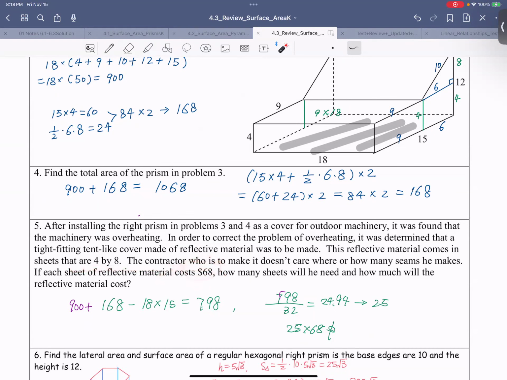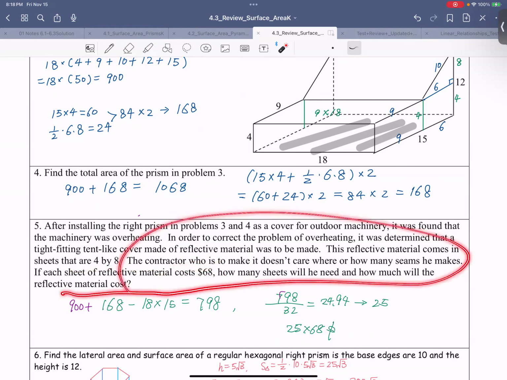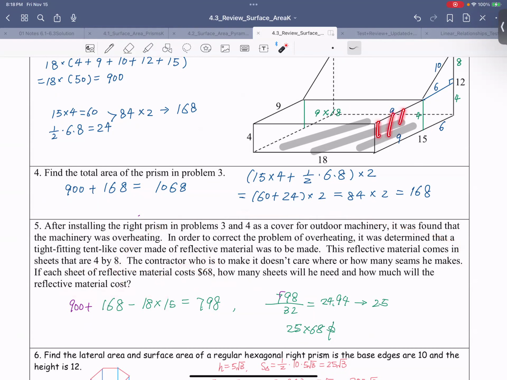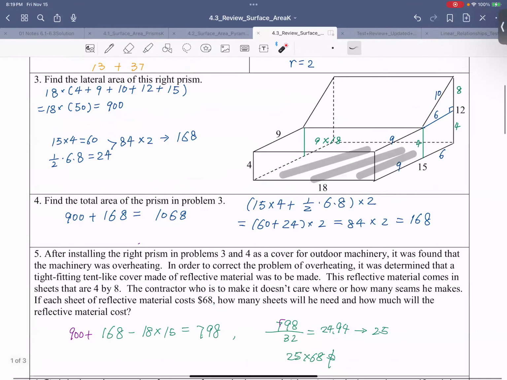If each sheet of reflective material costs $68, how many sheets will he need and how much will the material cost? Okay, so this one, they want to put something outside to cover it. They treat this one on the bottom, so that's the part you don't need to put the sheet on. All the other parts you need to put sheet on. The total area is 1068.